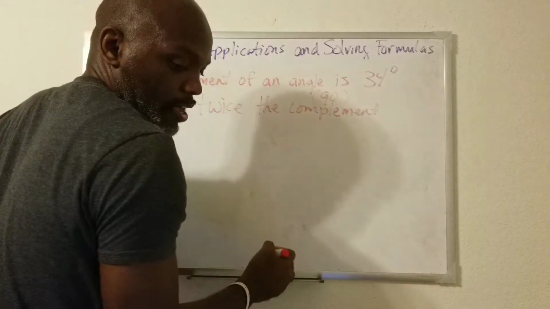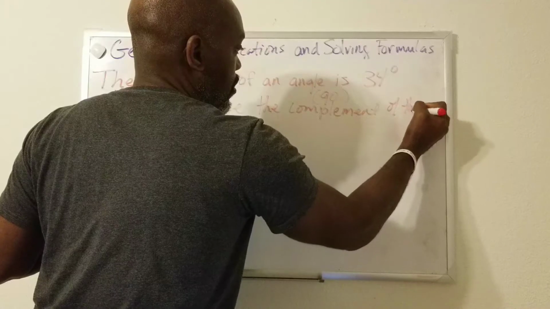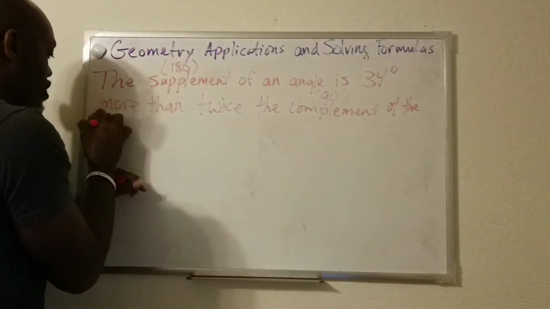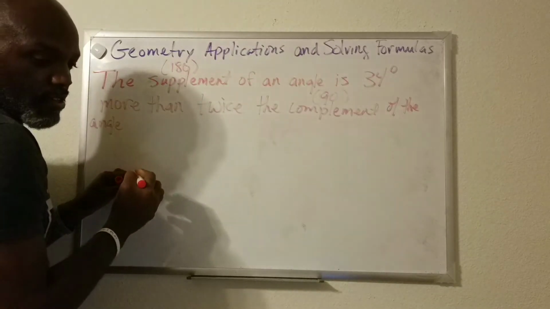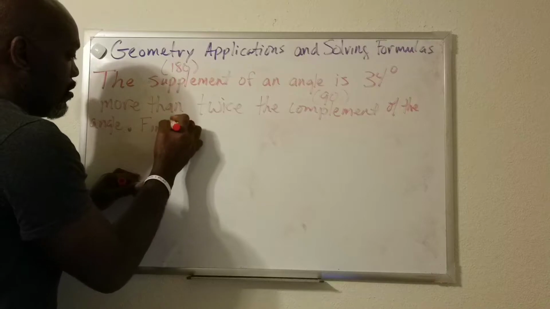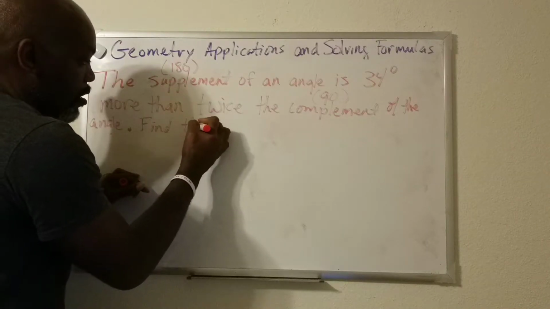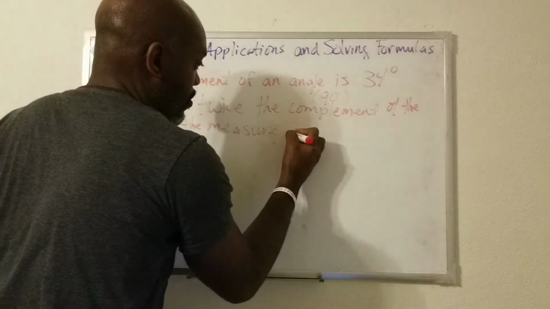Two angles equal 90 degrees. Complement of the angle. They want us to find the measure of the angle.